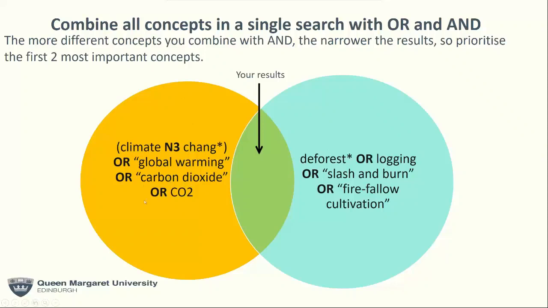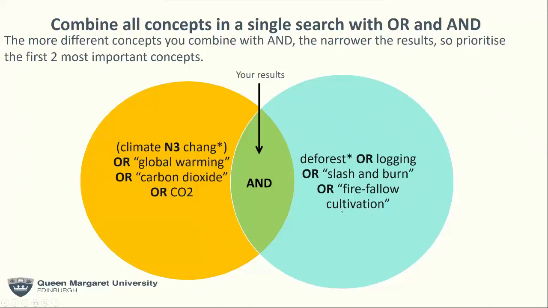You get a set of results for each of these 2 concepts, and then you use Boolean AND to combine the 2 sets of results in order to retrieve only the articles that contain any of these words, as well as any of these words in any combination possible.